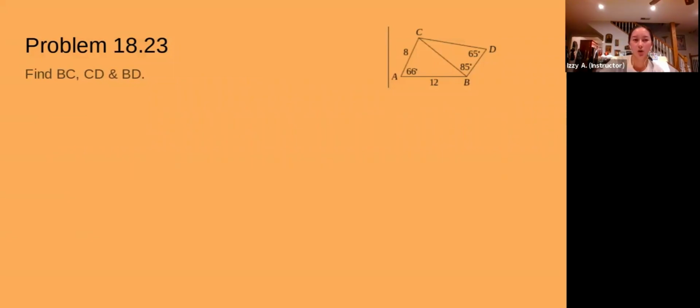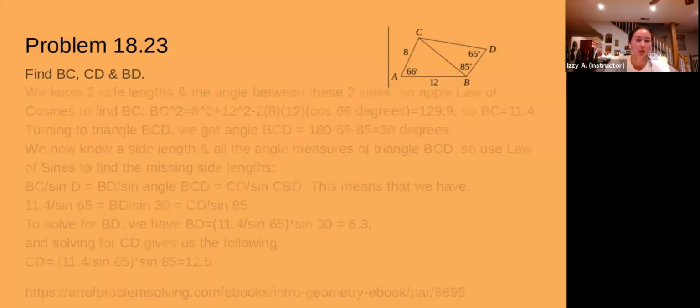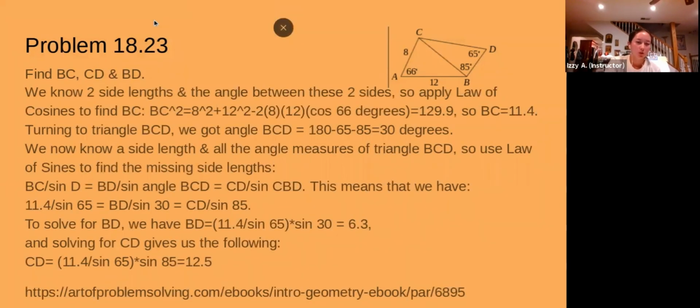Okay, I'll go ahead and go over this problem. So we know two side lengths and the angle between these two sides, so we can apply the law of cosines to find BC.